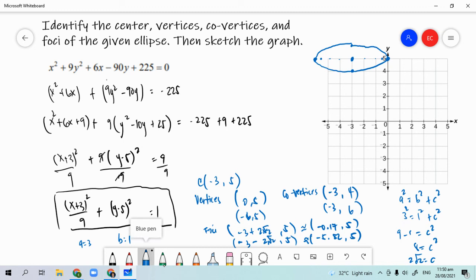And then if we were to connect the vertices, we'll have the major axis right here and the minor axis here. There you go.